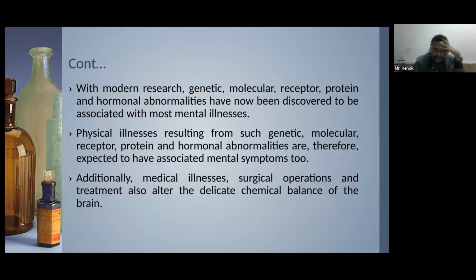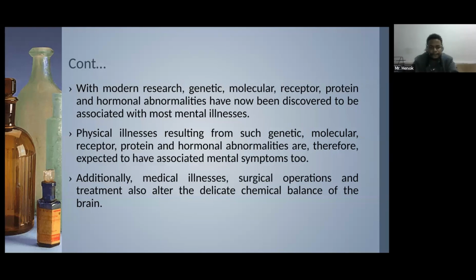But recent and modern research findings show that there are biologic bases for psychiatric conditions. It could be genetic, molecular, or receptor associated. It could be due to hormonal abnormalities, right? So there are biological bases for psychiatric conditions.